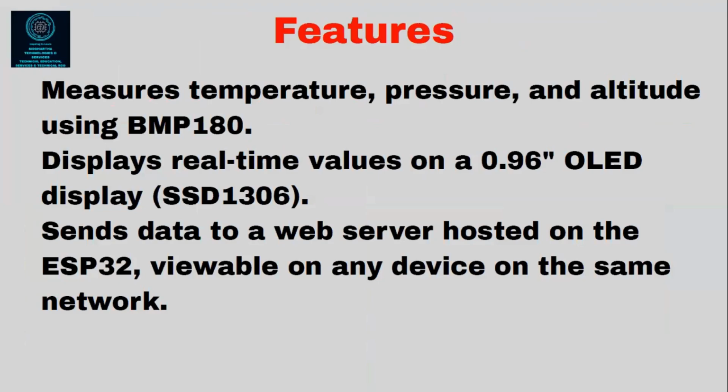Of course, it will also send data to the web server hosted on the ESP32, viewable on any device on the same network, that means the same network where the ESP is working. If you connect to it, it will show you the temperature, pressure, and altitude, as well as on the 0.96 OLED display. That is the display we are using, SSD1306.